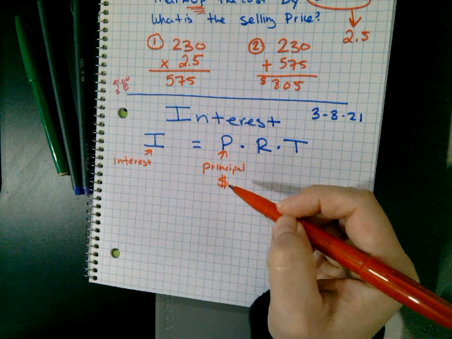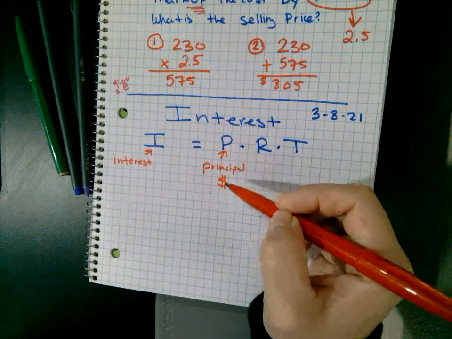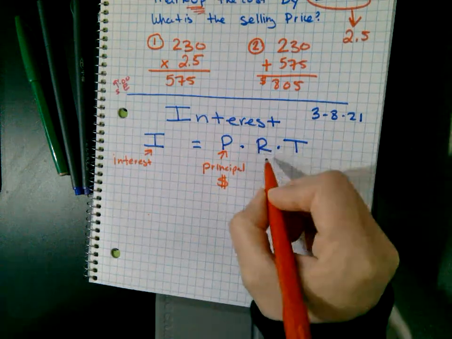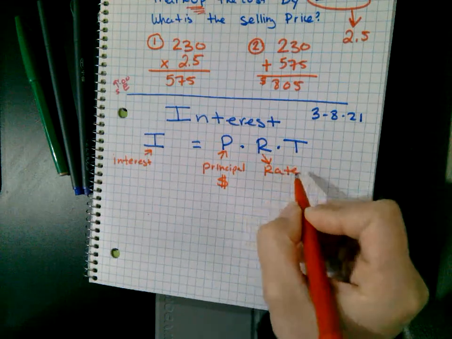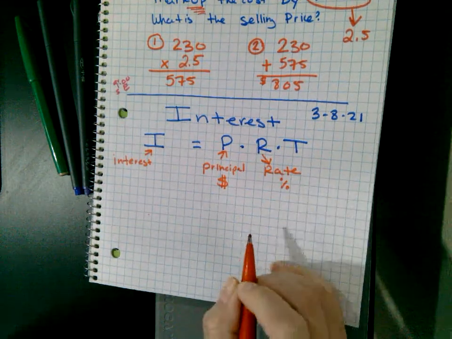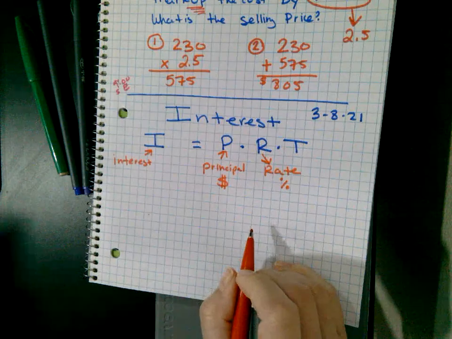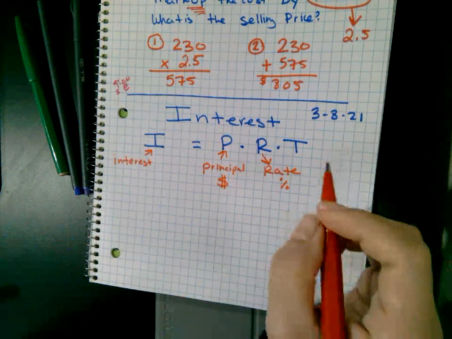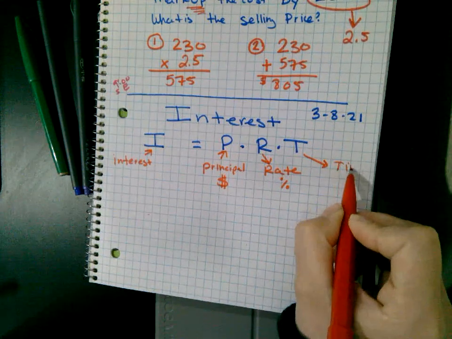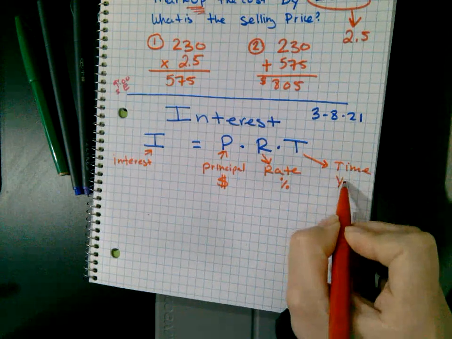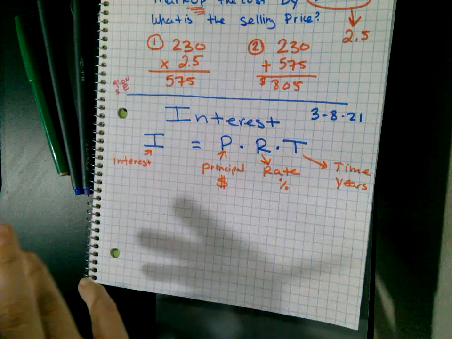How much money is in your savings account? Principal, that's what we refer to it as. R is the rate, and that's when we talk about the percent. So we don't call it percent, we call it rate. And the T stands for time in years. It has to be in the form of years.